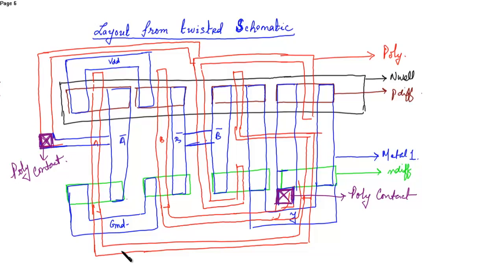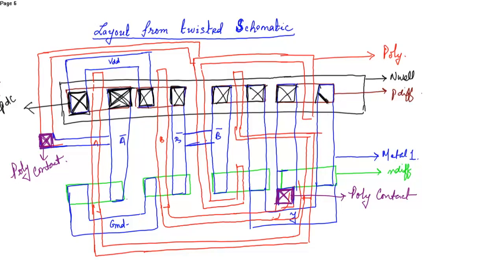Now you have to place the contacts. So this is the P diffusion contact. This is the P diffusion contact. So all these are the P diffusion.